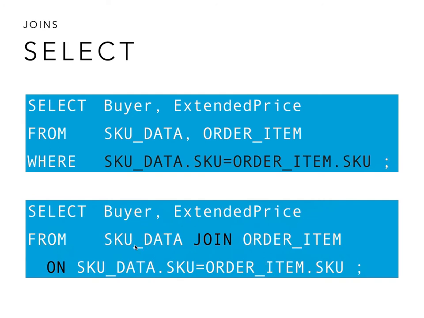I'm getting it from SKU data, join, second table, order item, on, and then this is the condition that we're joining those 2 tables on. Does that make sense? So these are 2 equivalent queries. This one makes the join very clear that I'm joining 2 tables together on a specific condition.